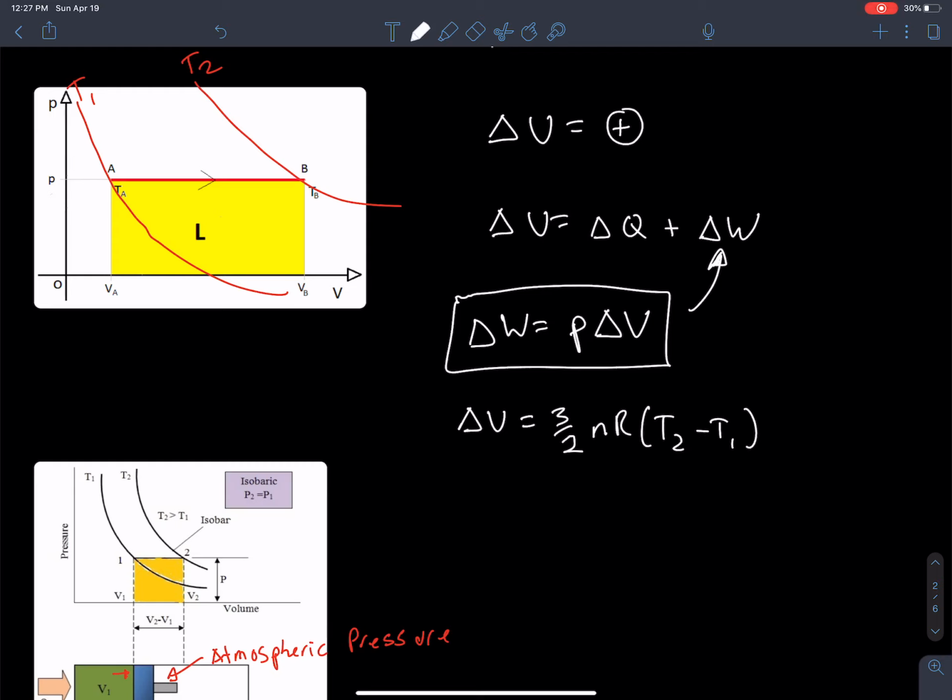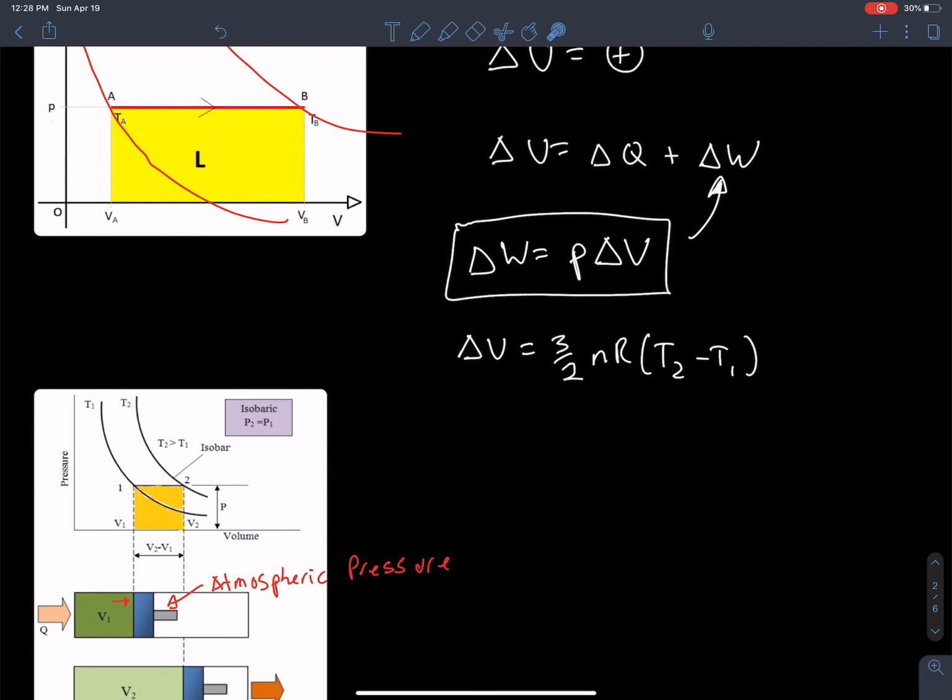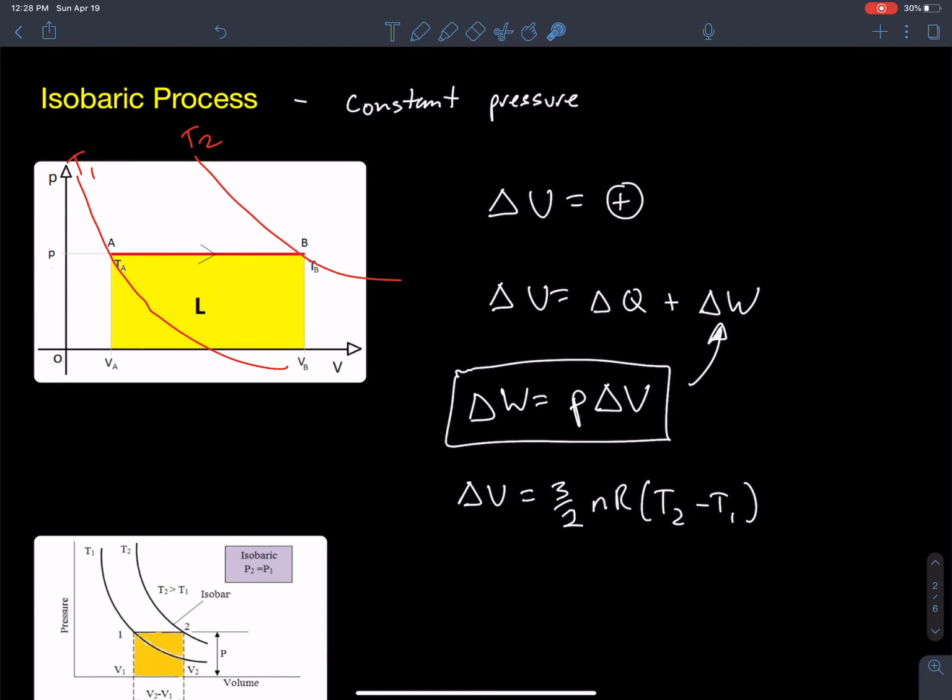And putting that together, I could then calculate the change in heat that was responsible for that type of isobaric expansion. So isobaric expansions are very easy to calculate the amount of work that was done, because if I just look at the area under that graph here, the area there corresponds to the work being done as I'm putting energy into the system. So that's an isobaric process.